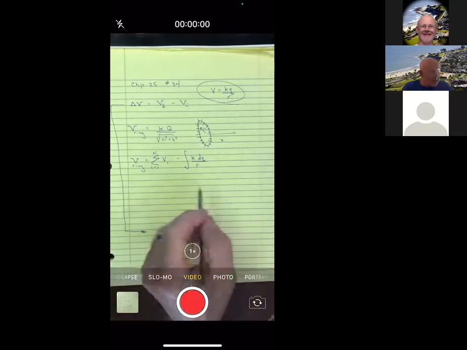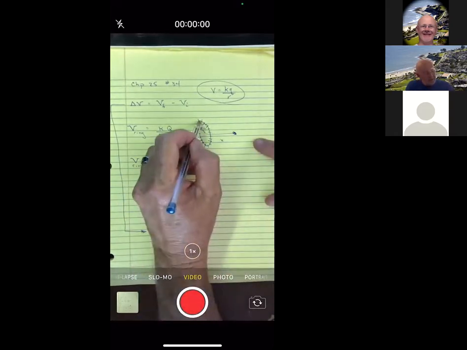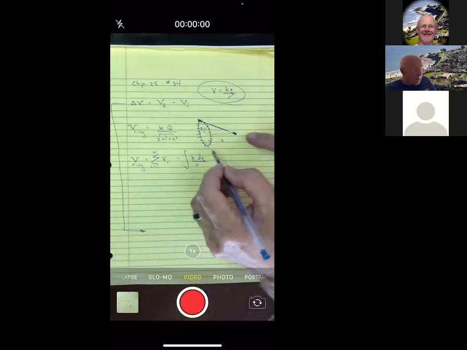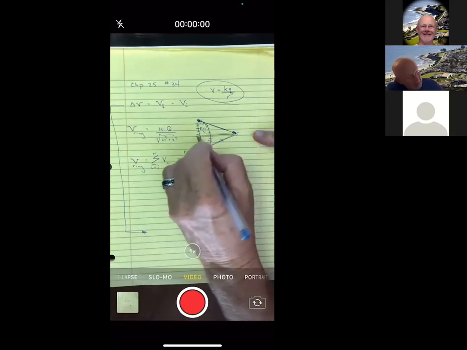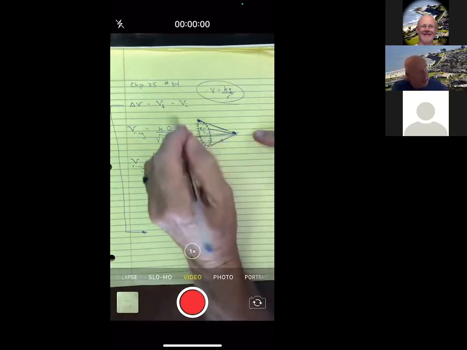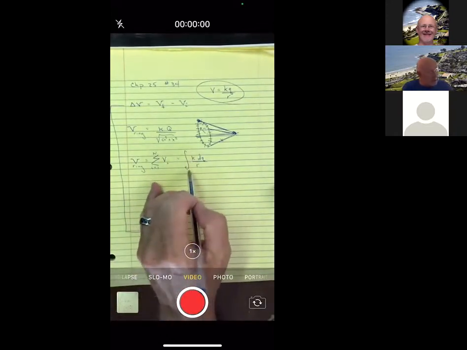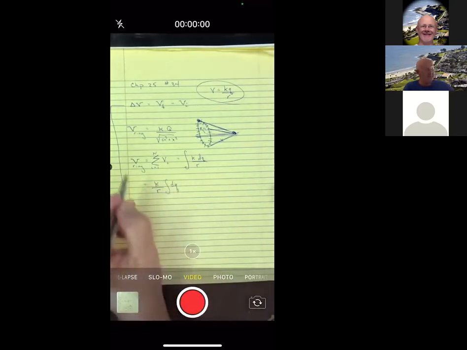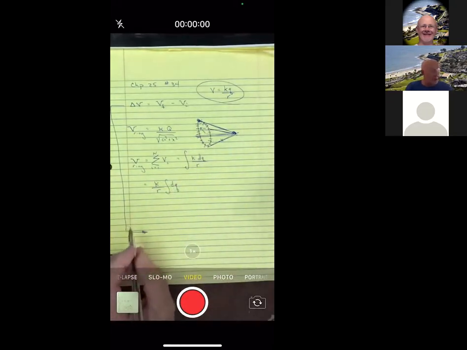So for a ring, this actually becomes pretty easy because the r, the distance away, for the charges at the top of the ring is the same as at the bottom of the ring, which is the same as at the side of the ring, left side or right side, because it's kind of a cone shape. So what's really nice about this integral is r is the same value for all the charges on the ring.